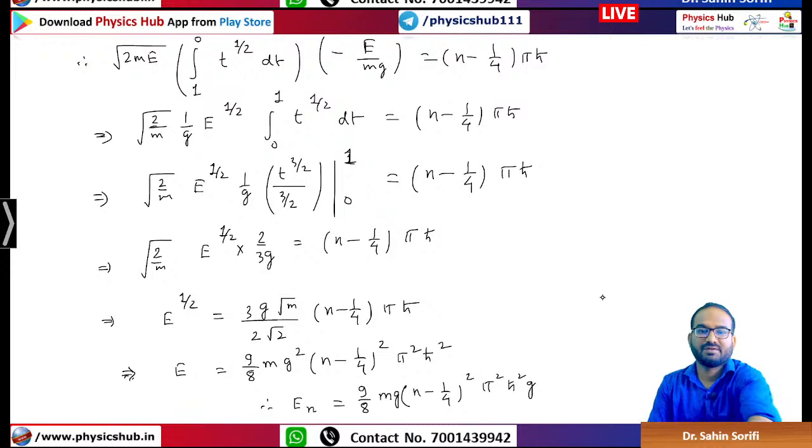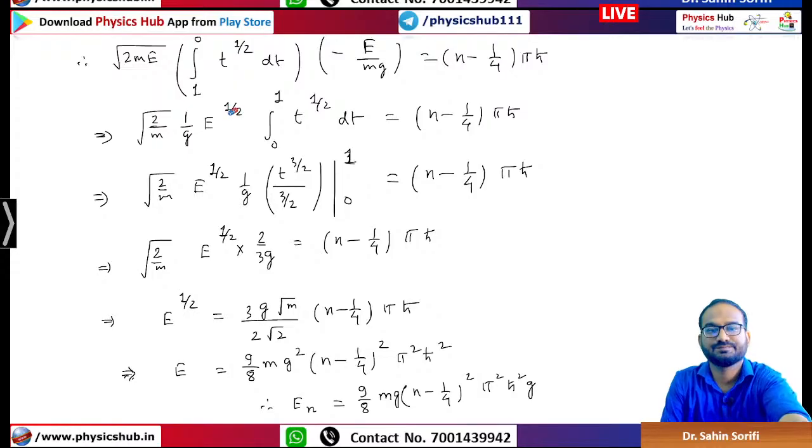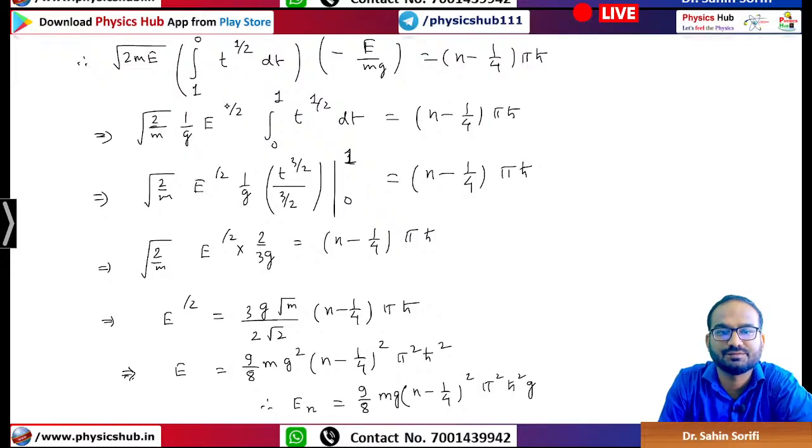One mistake we have made, I think, is this one: E to the power half, and this E becomes E to the power 3 by 2, right? That is why it is not matching with the option. So if you take a square, it becomes E cube.